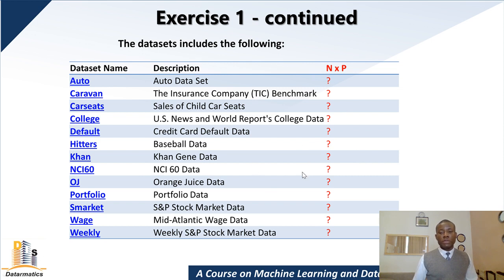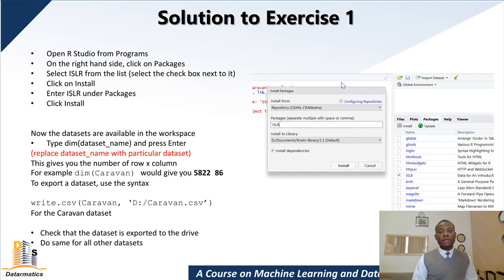So at this point, I'm going to follow through on this exercise. Now, this is the solution to this exercise. So let's just go through this exercise at this point. So I'm going to open RStudio on my system. Okay, so I have it displayed in the second monitor.